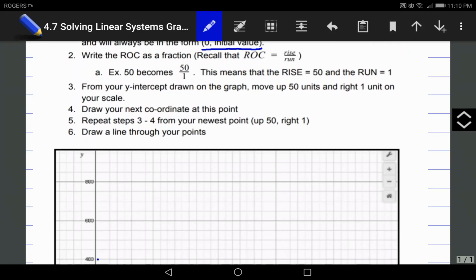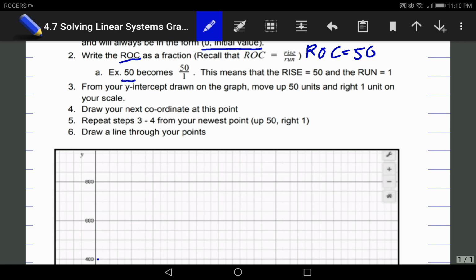Let's go to step 2. Write the rate of change as a fraction. Why can you write the rate of change as a fraction? Well, you know that rate of change is found by doing rise divided by run. So in this case, my rate of change is 50. And actually, I wrote it down here anyways.